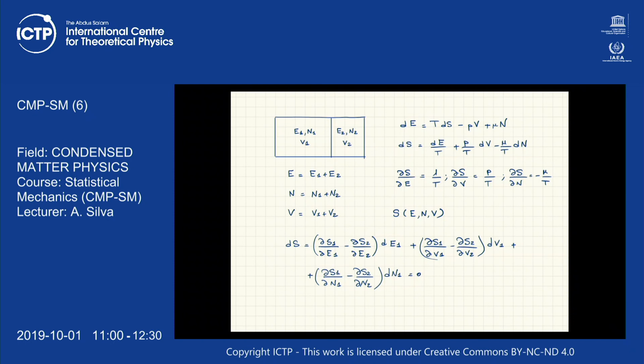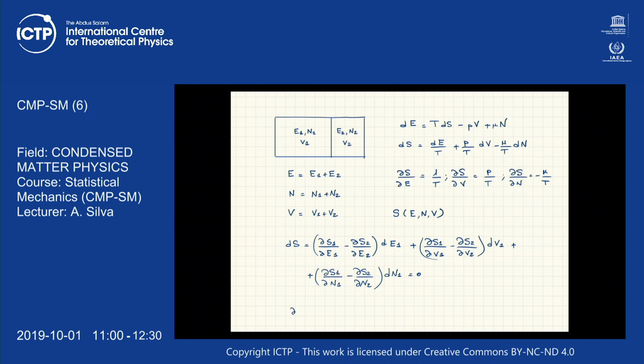If I have two systems that are in contact with each other and they are isolated from the exterior, the condition of equilibrium between these two systems is that the temperatures are equal. If the temperatures were not equal, there would be a flux of energy from one part to the other, and therefore the system would not be in equilibrium anymore.